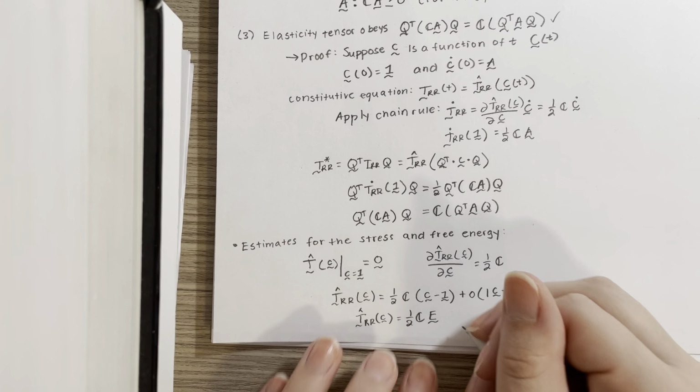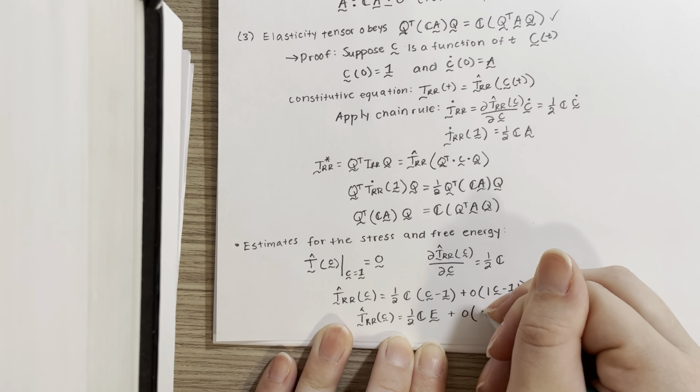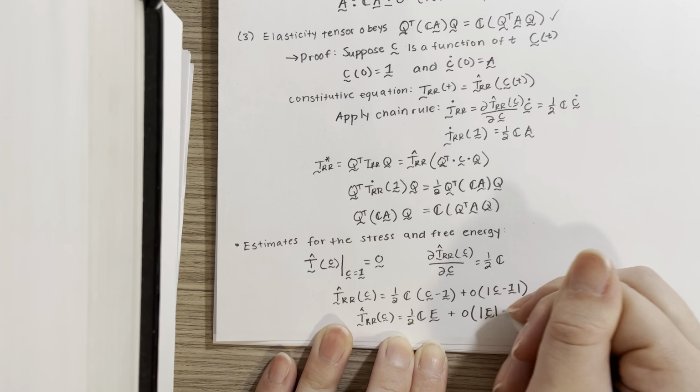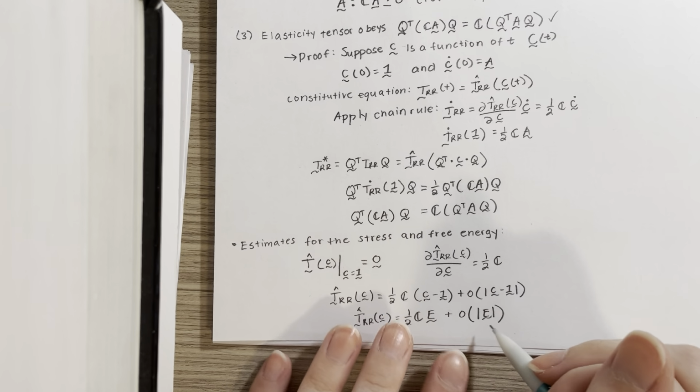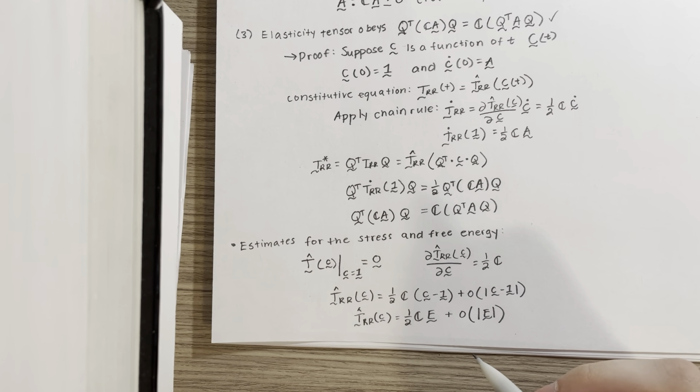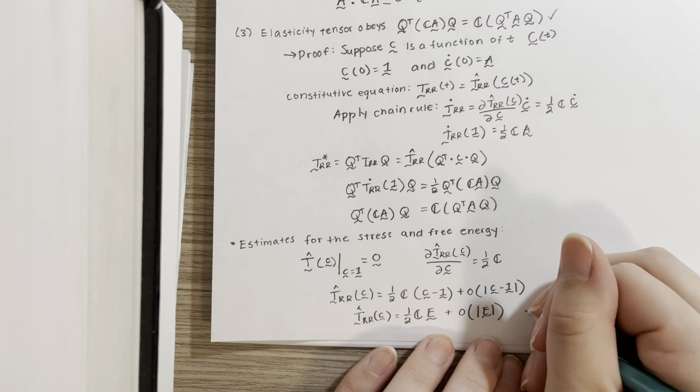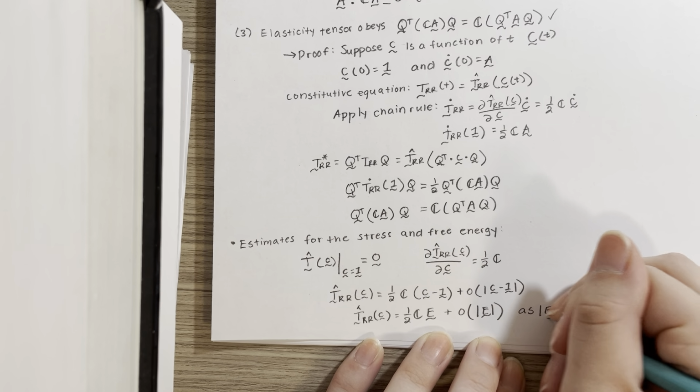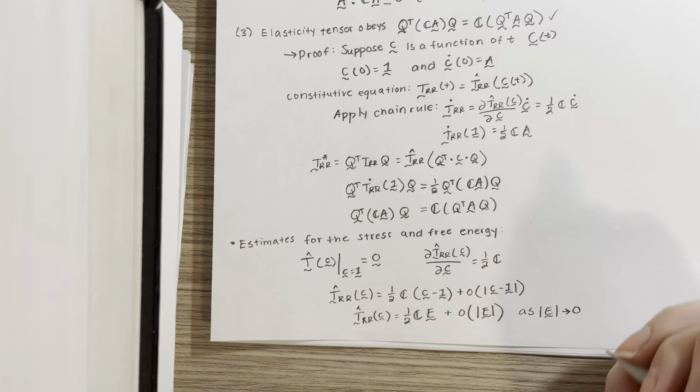Venant tensor, plus some higher order terms, as our Green-St. Venant tensor approaches 0.